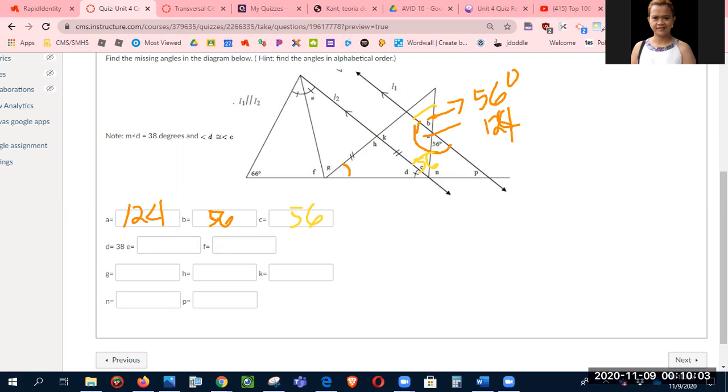We need to change that, and K can be equal to each other. Line 2 and line 1 are parallel.